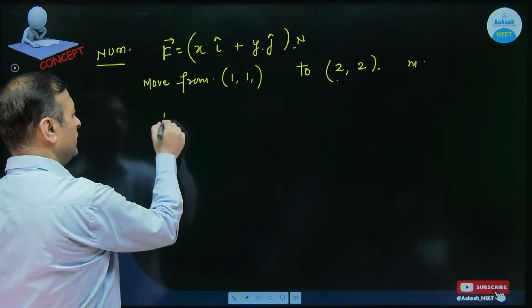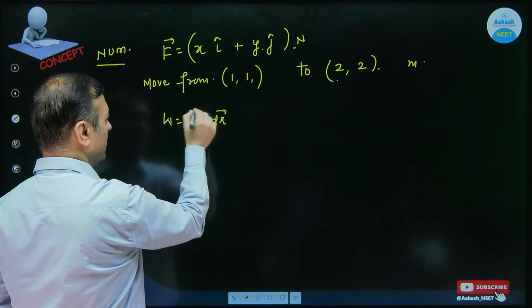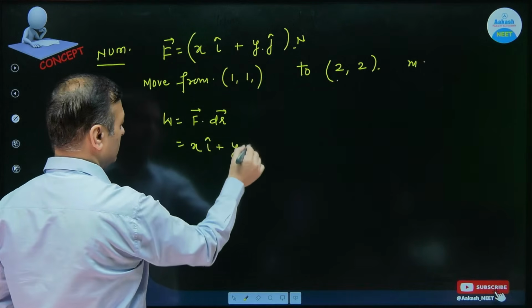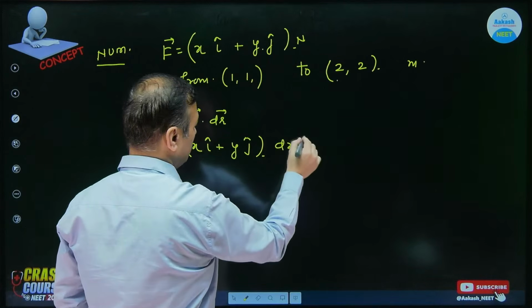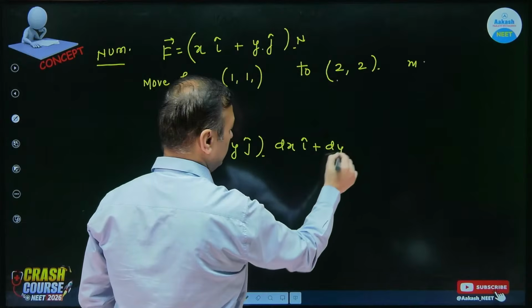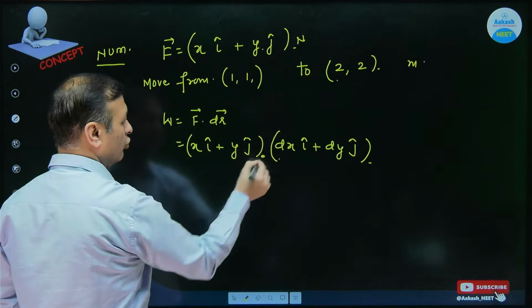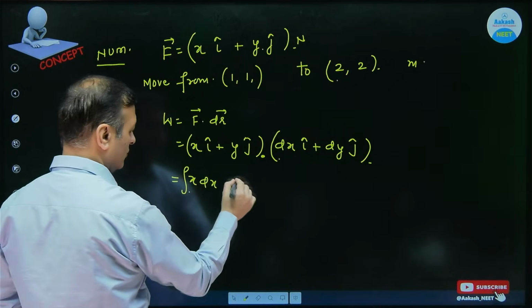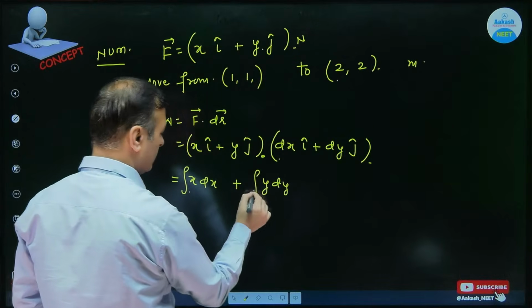So when you say work done as F dot dr, we simply put it like this: x i cap plus y j cap, and this is dx i cap plus dy j cap. When you define the dot product, it gives you x into dx, and this gives you y into dy.